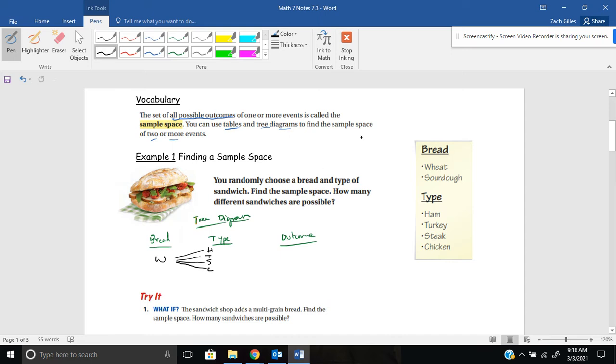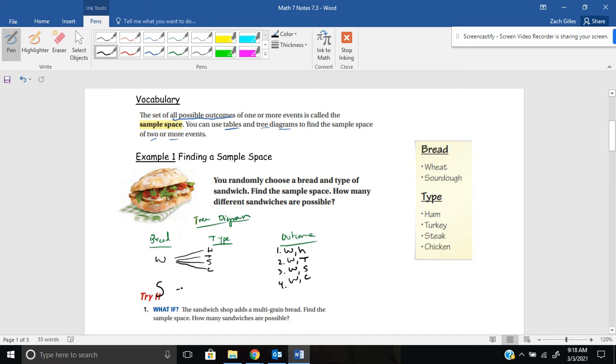So I have wheat bread with ham, I have wheat bread with turkey, I have wheat bread with steak, and I have wheat bread with chicken. So there are 4 outcomes.